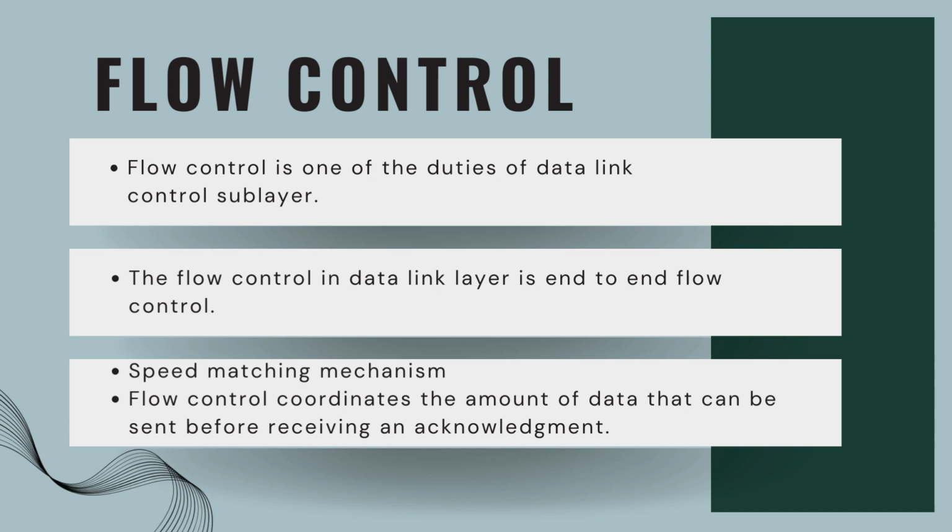The flow control mechanism in the data link layer is crucial because it helps to prevent network congestion and ensures that data is transmitted efficiently. By coordinating the amount of data that can be sent before receiving an acknowledgement, the data link layer can ensure the data is transmitted at a pace that the receiving device can handle.